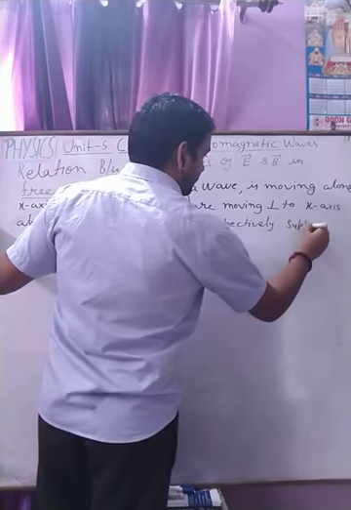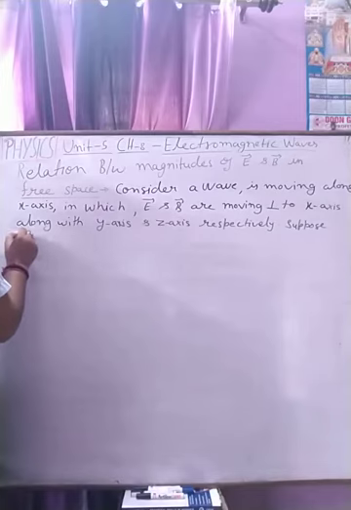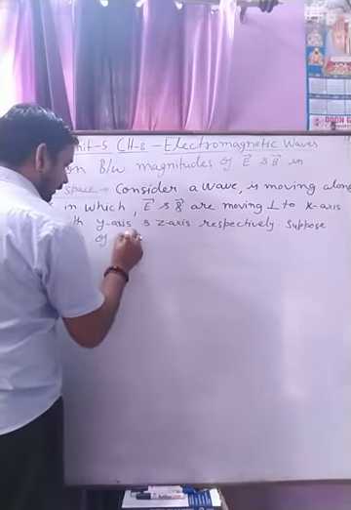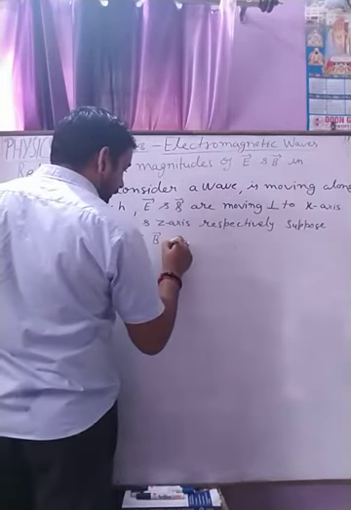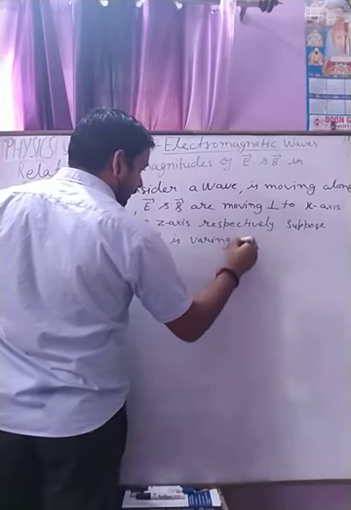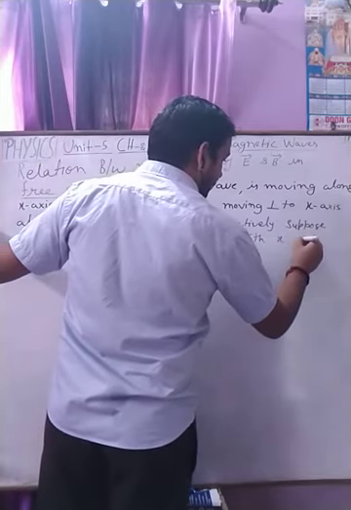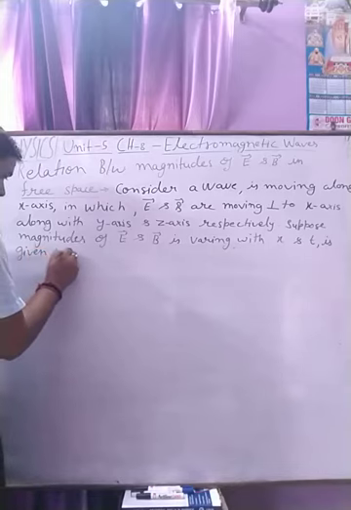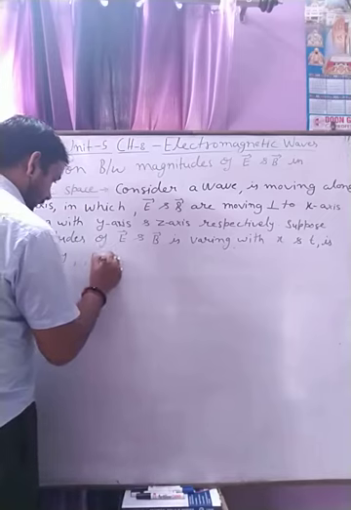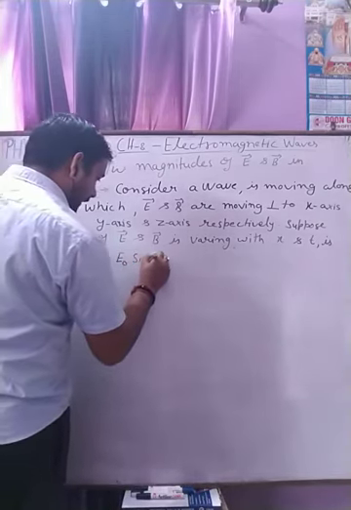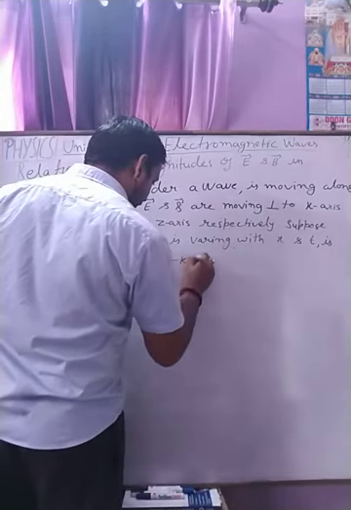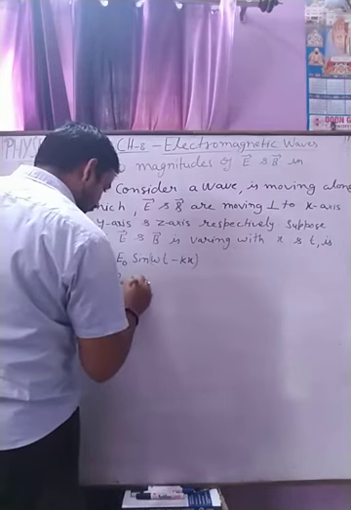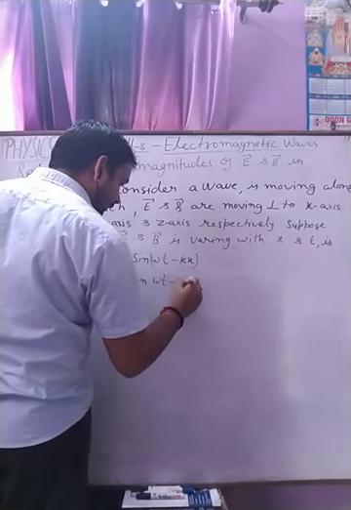Suppose the magnitude of electric and magnetic field is varying with x and t, and is given by E is equal to E naught sine omega t minus kx, and B is equal to B naught sine omega t minus kx.